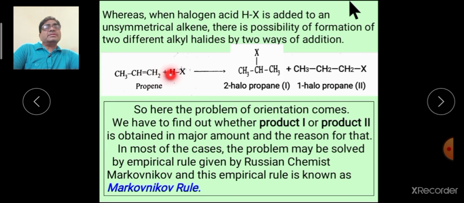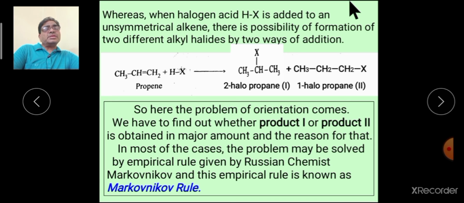When this halogen is added to the second carbon atom, the product is 2-halo, and when it is on the first, the product is 1-halo, and thus 2 products, 1 and 2, are formed. Here the problem of orientation comes, and therefore we have to find out whether product 1 or product 2 is obtained in major amount and the reason for that.